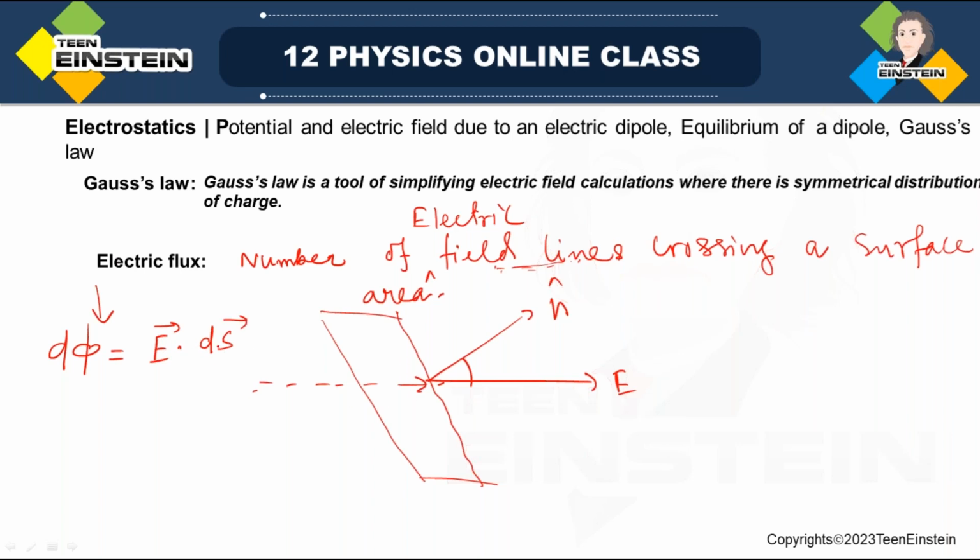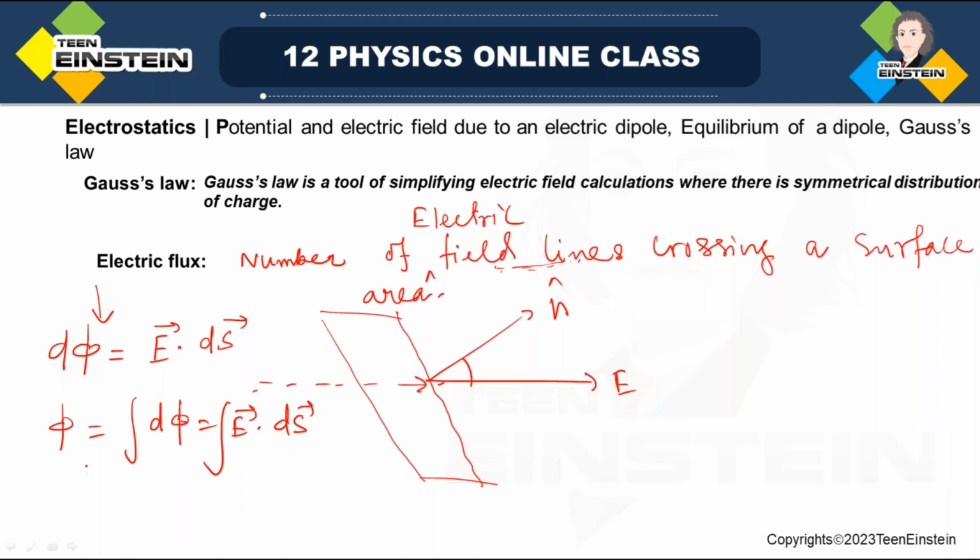If you want to find the total flux, you have to go for integration or summation over small areas. So phi is the integral of E dot ds.